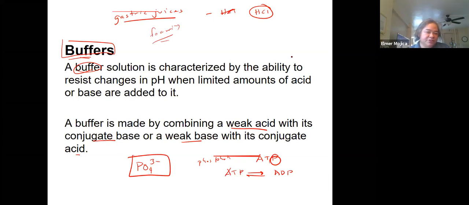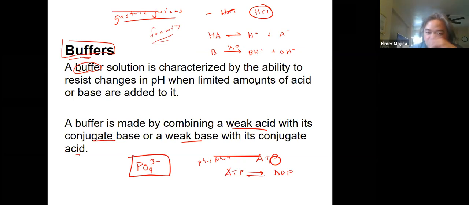So if you have a buffer system, usually it's a weak acid and its conjugate salt, or a base and its conjugate salt. So for instance, if we have acetic acid, that means its conjugate base is CH3COO minus.